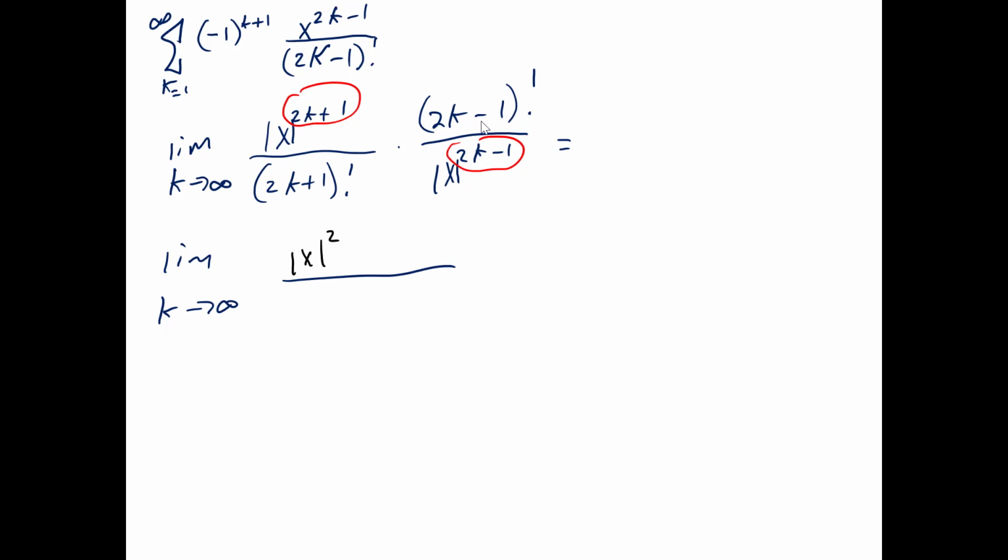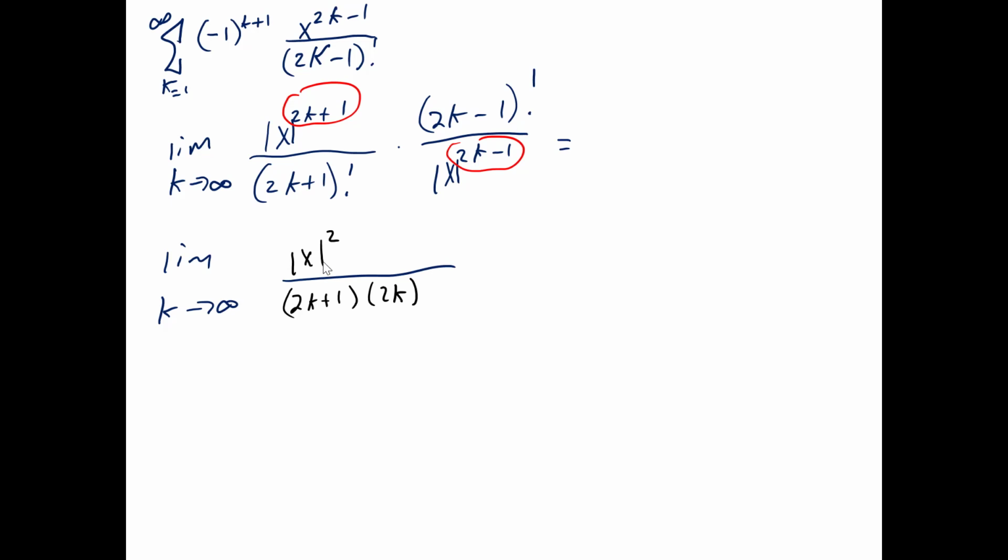And on the 2k minus 1 factorial over the 2k plus 1 factorial, we're going to get a factor of 2k plus 1, a factor of 2k, and then when we get the factor of 2k minus 1, it goes away. And so this is what we get.